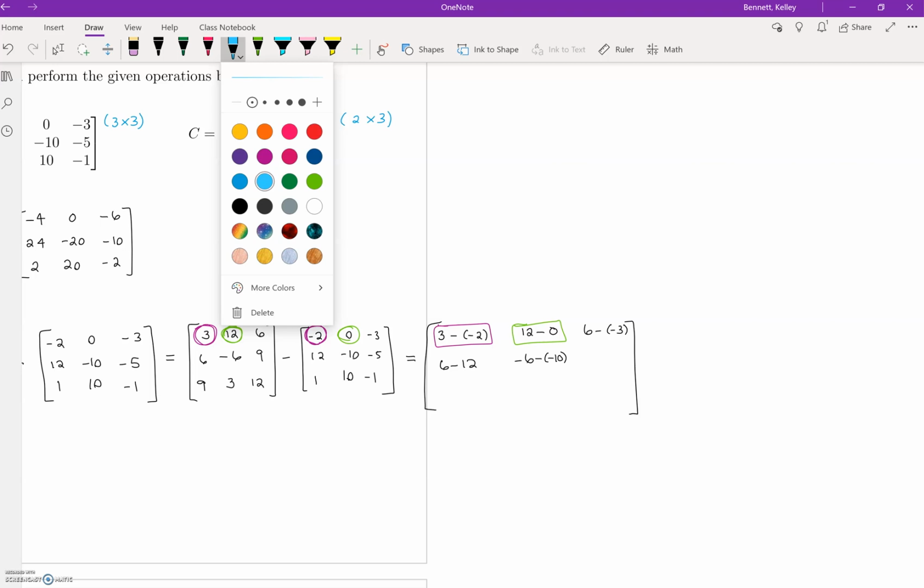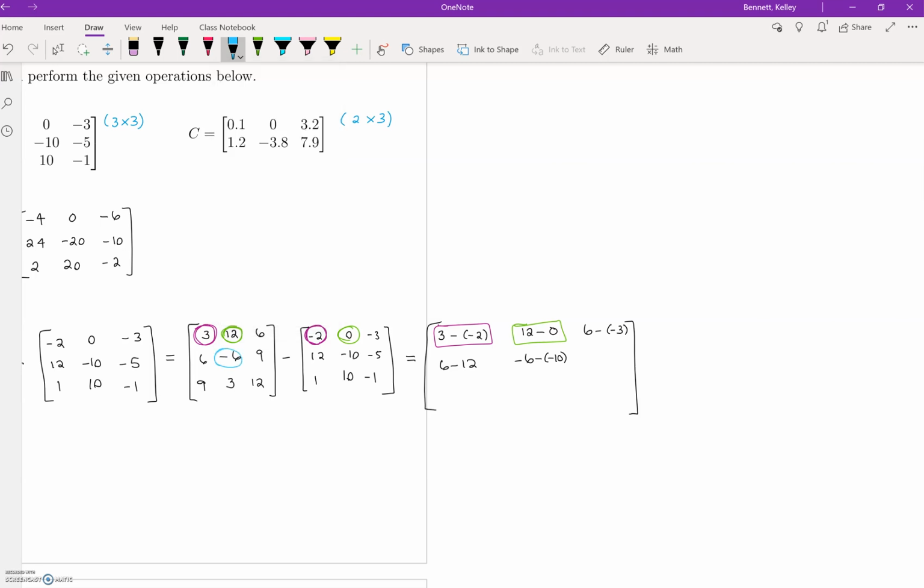So that was second row, second column, second row, second column, it better go in the second row and second column of my resulting matrix. All right, so moving forward again, 9 minus negative 5. And then in my third and final row, 9 minus 1, 3 minus 10, and 12 minus negative 1.